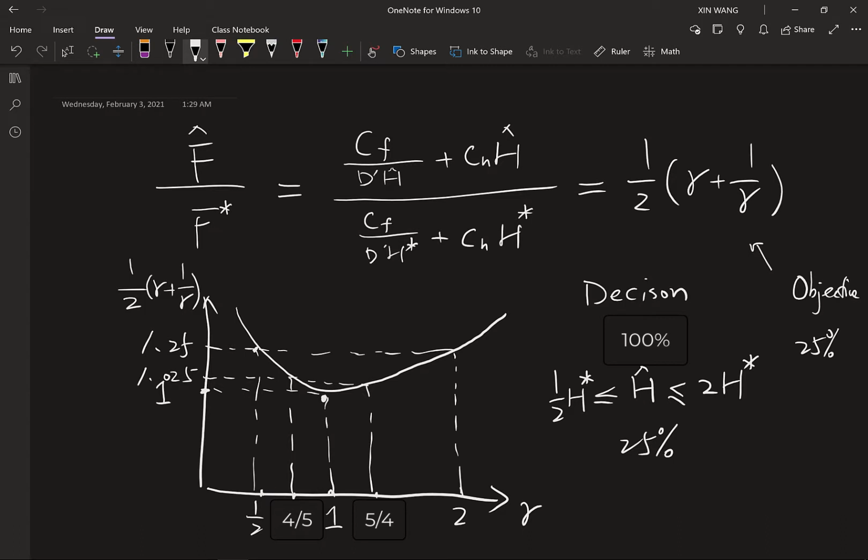That indicates we only have 2.5% error for the objective value. So as long as our decision is not too far away from the optimum headway, your objective value should be pretty close to the optimum total cost.